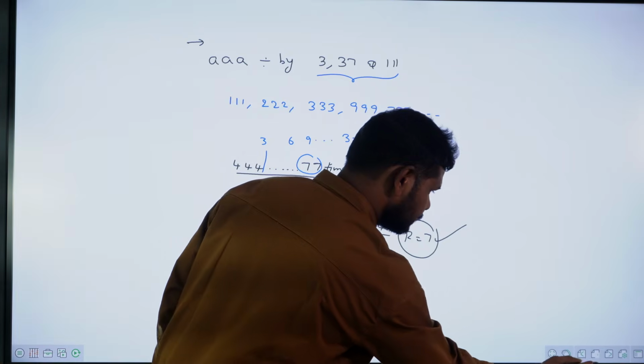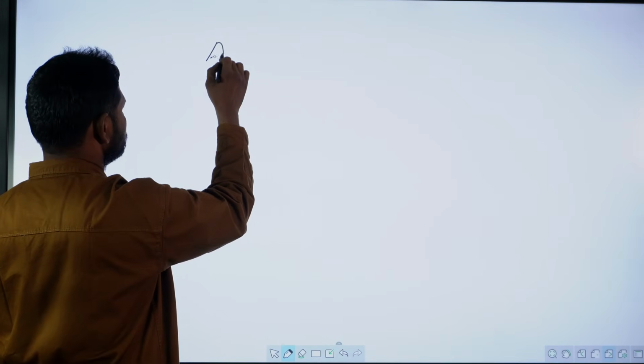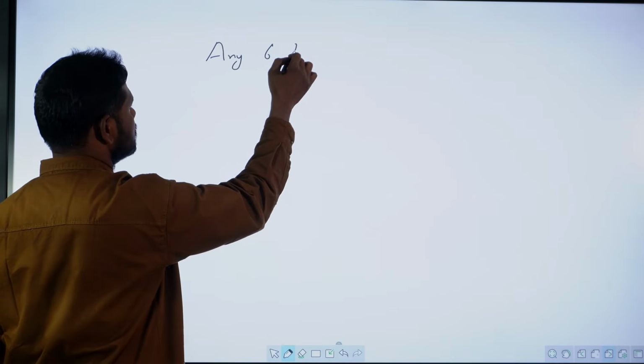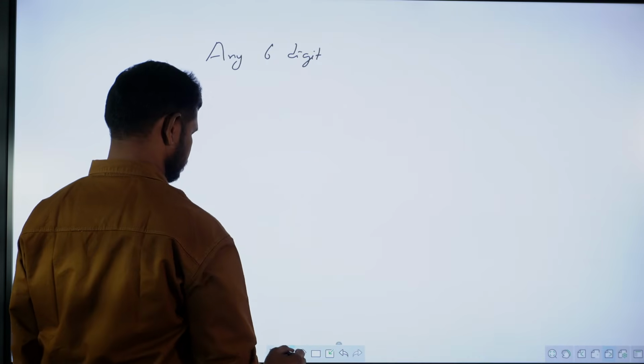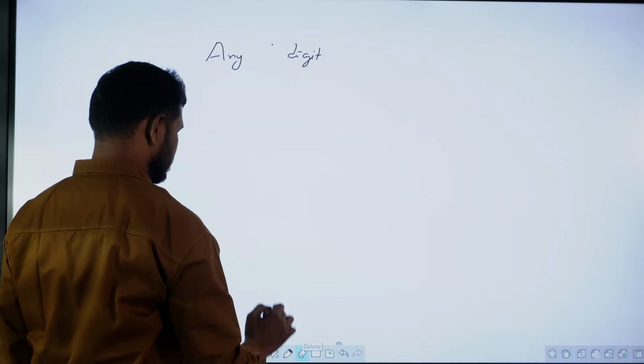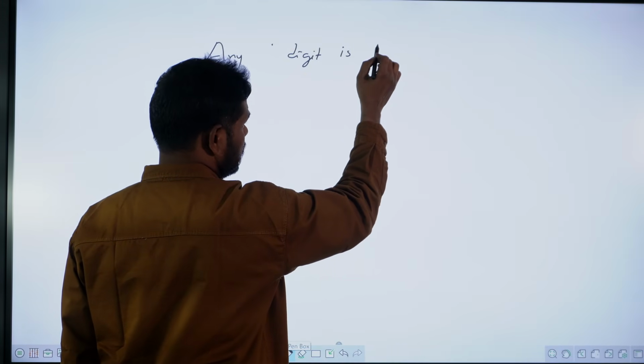Next, one more condition. Any digit repeated 6 times. Already this is also discussed in the divisibility rules.